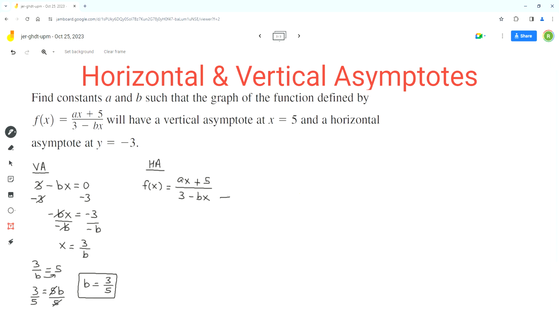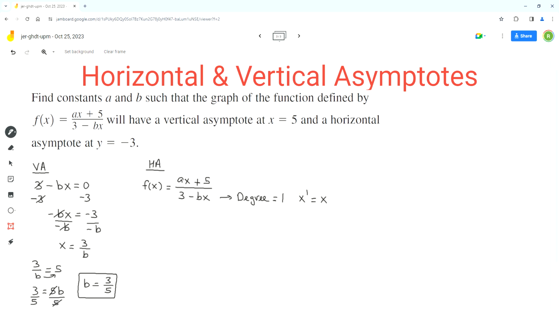Now the degree of the denominator is equal to 1 because that's the highest power on the variable x. So that means we should divide each term in this rational function by x raised to the degree of the denominator, which is 1, or just x.